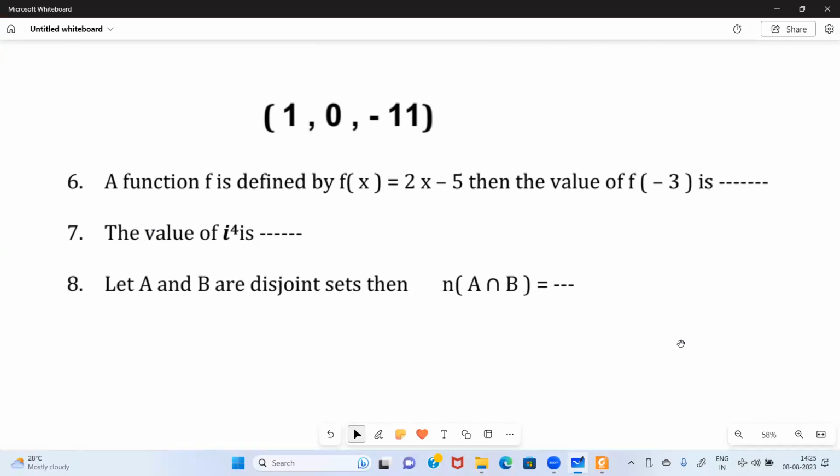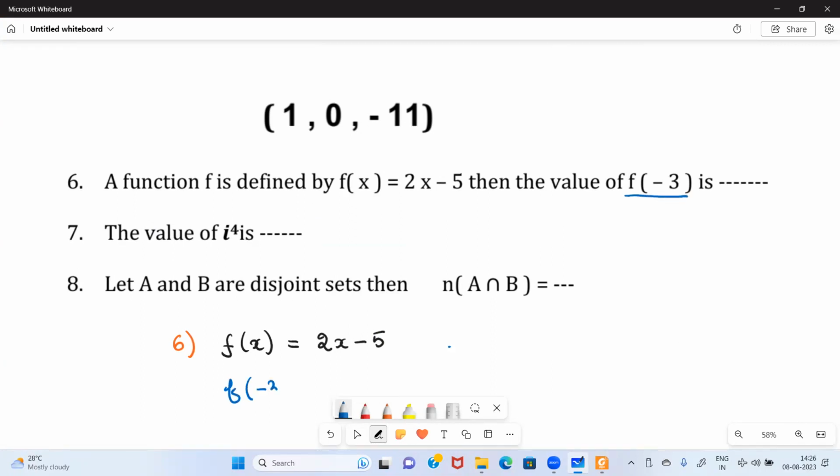Let us answer each question one by one. Sixth one. A function f is defined by f of x is equal to 2x minus 5. Now, what will be f of minus 3?